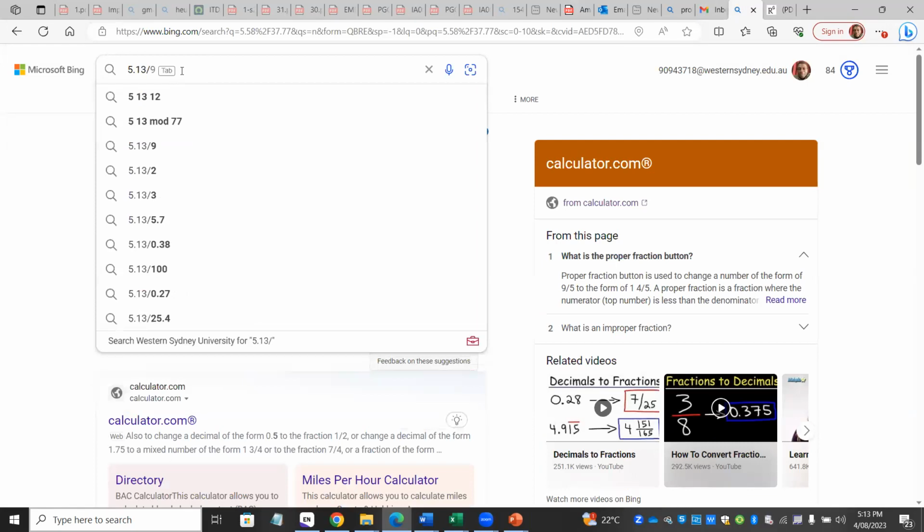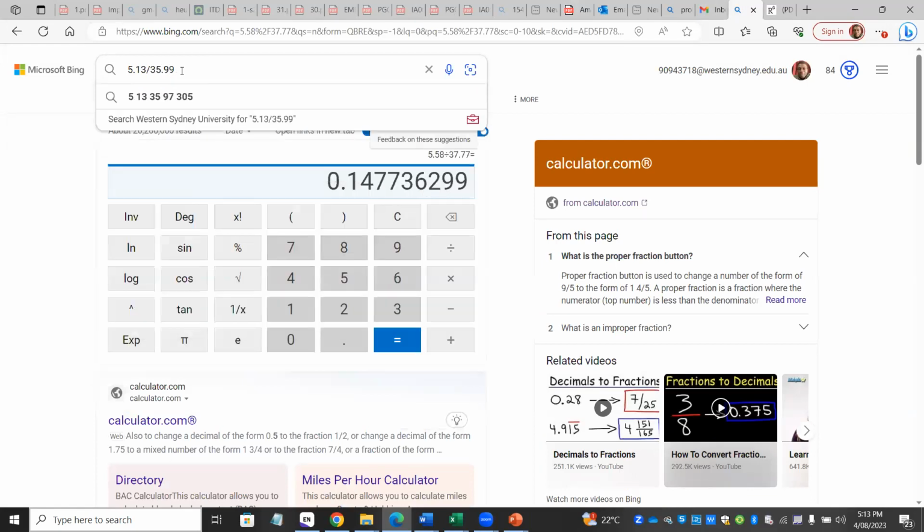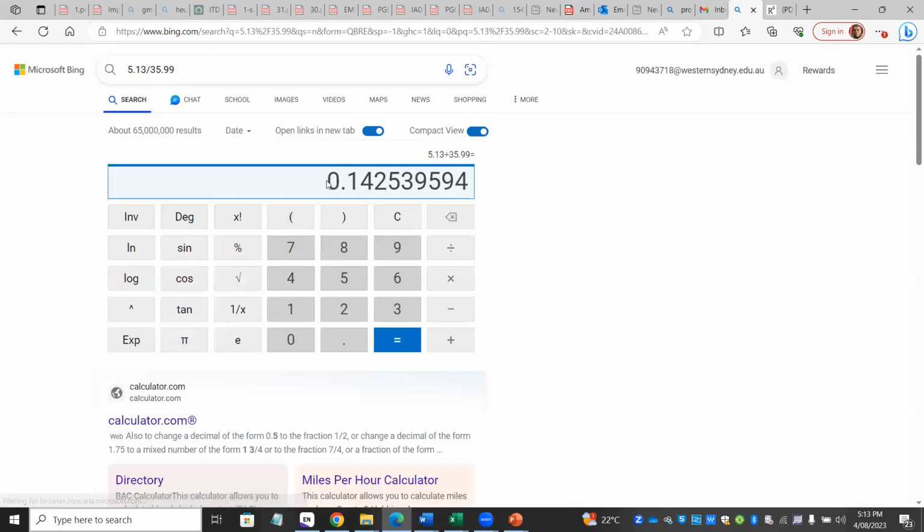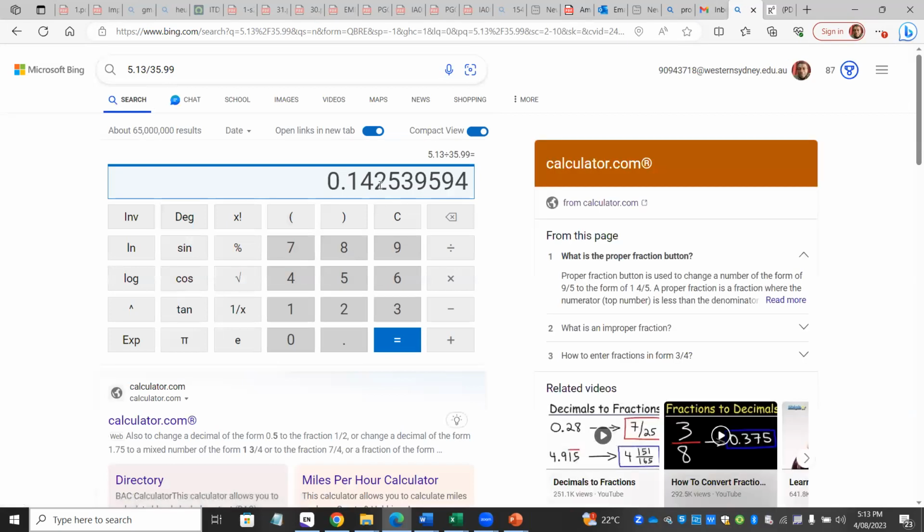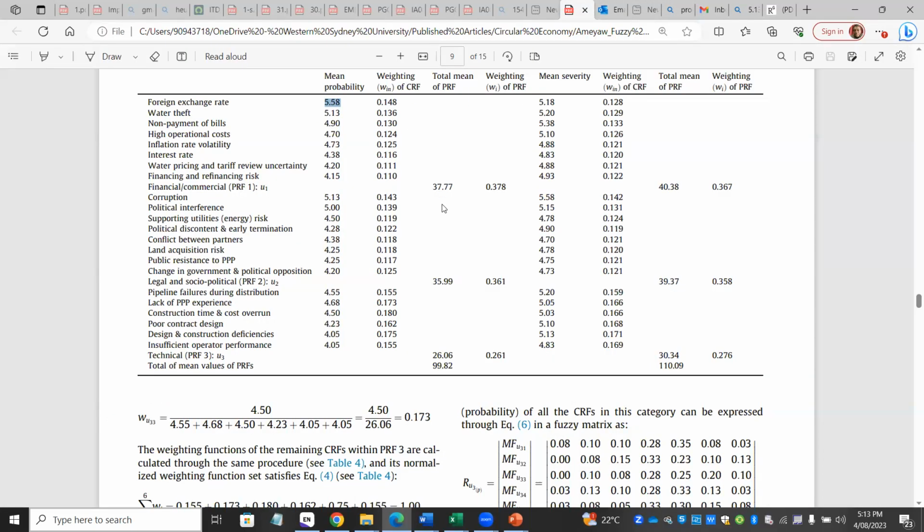The result is 0.142325, so in 3 decimal places, it's 0.143. That's exactly what we got, and you have to do it for all of them.